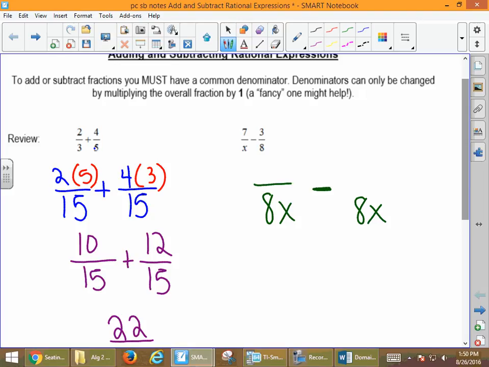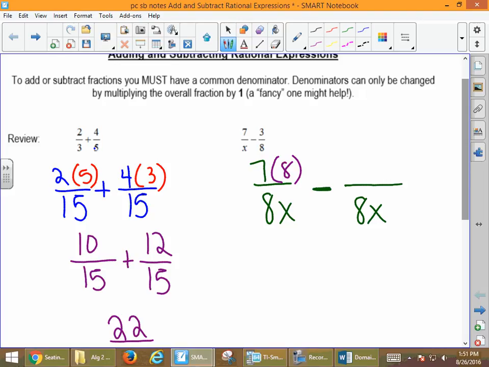And then over here, what happens? We multiplied x times 8, so we have to multiply 7 times 8.